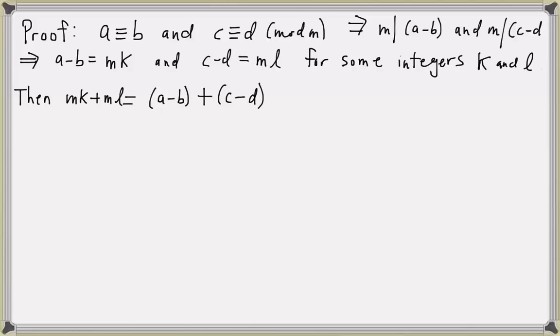And if I factor out an m from both terms on the left, m times k plus l equals, let me rearrange the terms. So I have a positive a and a positive c, so a plus c. And I have a negative b and negative d, so if I factor out a negative sign, I can write this as a plus c minus the quantity b plus d.